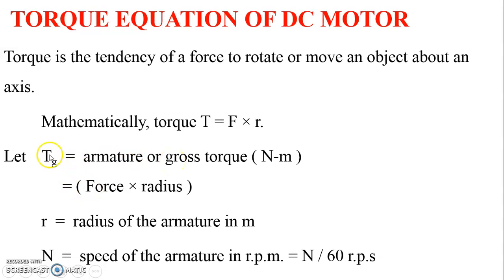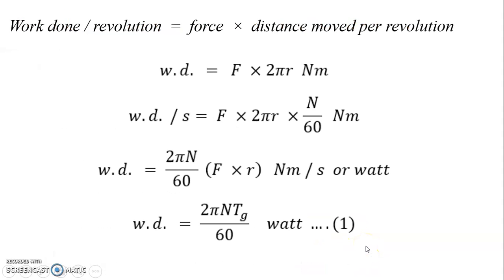The formula is Tg equals force into radius, where R is the radius of the armature in meters. Next, N is the speed of the armature in RPM, which is converted using N by 60. Next is the work done per revolution, equal to the force into the distance moved per revolution.